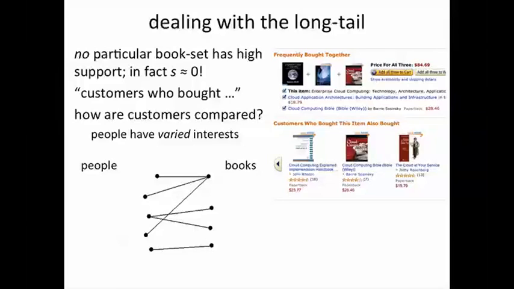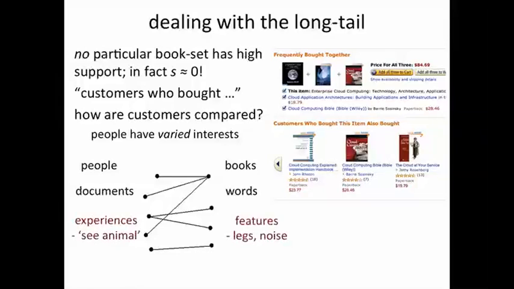There are other situations where we have exactly the same structure. Documents contain words, and words are contained in documents. Similarly, our baby experiences animals. So in an experience, you may see an animal which has certain features, and certain features are present in different animals.